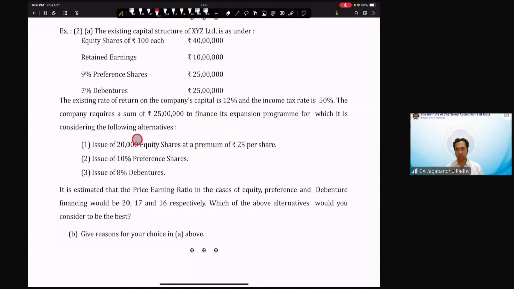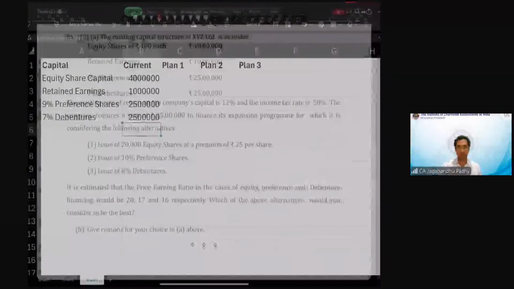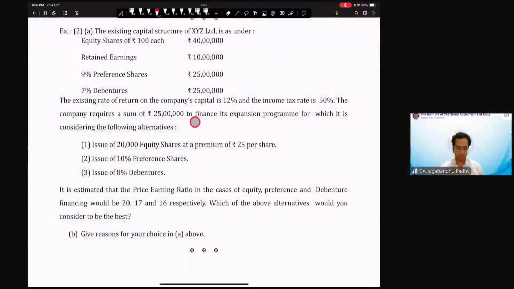So 20,000 shares at a price of 125: does it translate to the requirement of 25 lakh? 20,000 into 125 each. Yes, it matches. Then the second option is issuing 10% preference shares, of course with face value of 25 lakhs, and debentures also will be for the same amount.